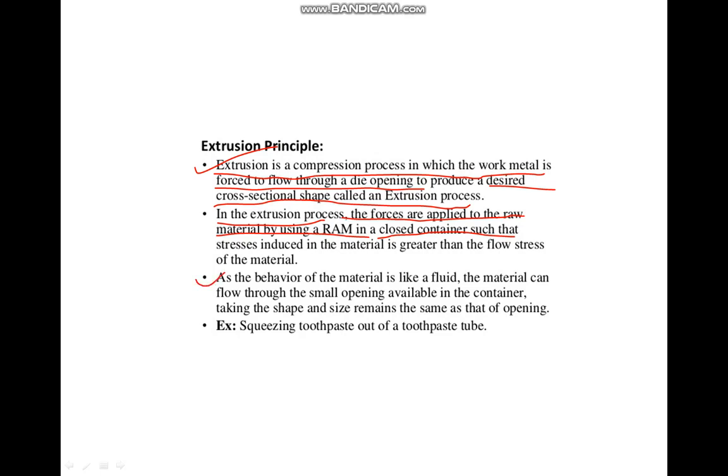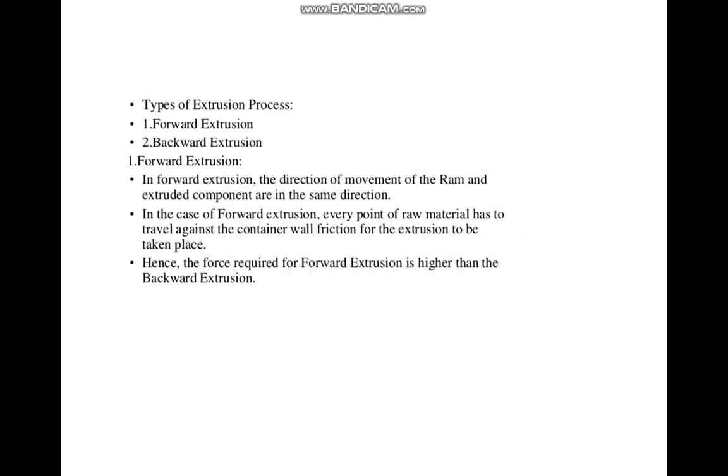As the behavior of the material is like a fluid, the material starts to flow through the small opening of the die, taking the shape and size the same as that of the opening of the die. Example: to explain the working principle of the extrusion process, the example is squeezing of toothpaste out of a toothpaste tube.